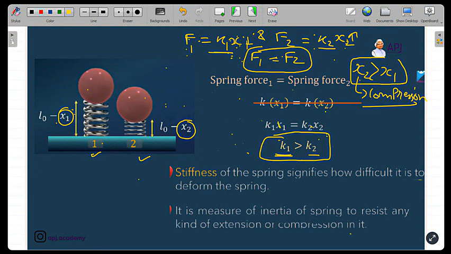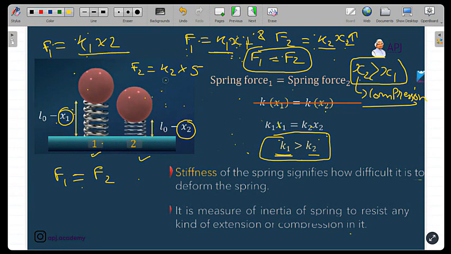इसको ऐसे बोलो आप, I am saying K1 into 2 is equal to, let's say, F1, and F2 is equal to K2 into 5. Okay, this is what I'm telling you. And now I'm saying F1 is equal to F2. So in this case, how can you say F1 is equal to F2?